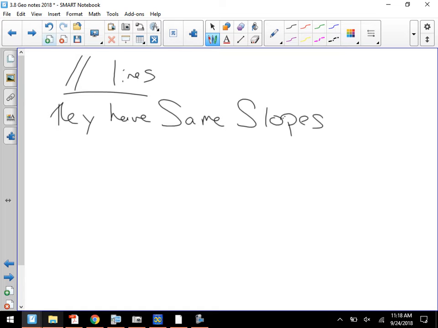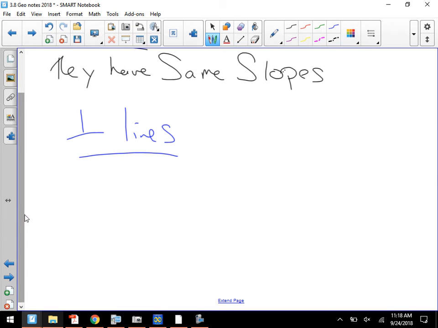On the other hand, perpendicular lines, they obviously intersect. The slopes of perpendicular lines have what are called opposite reciprocal slopes.